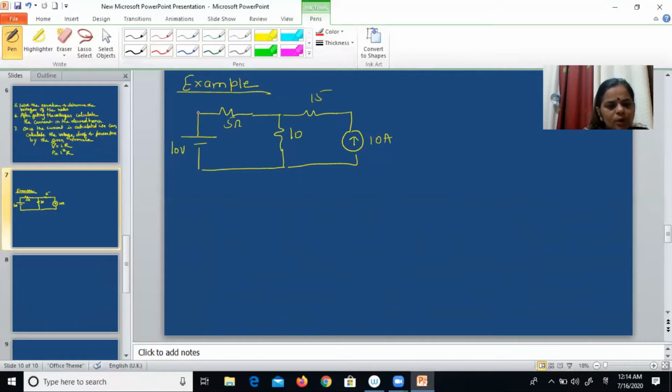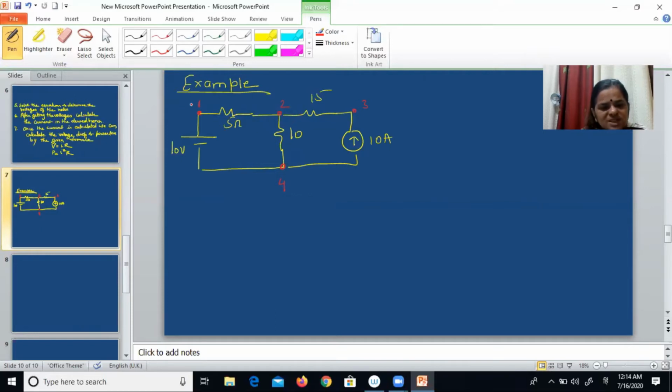So this is one node, this is the second node, this is the third node, and this is the fourth node. So this is node 1, this is node 2, this is node 3, and this is node 4. These are the nodes. But as I mentioned in the steps, now this circuit has 4 nodes.